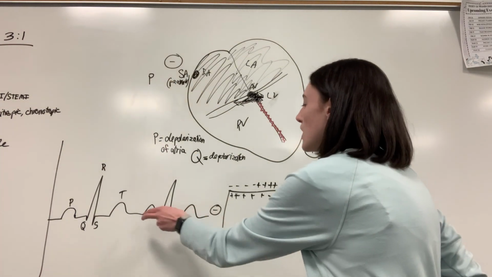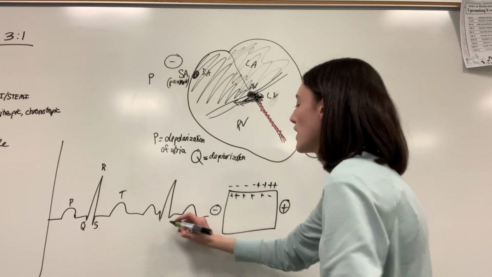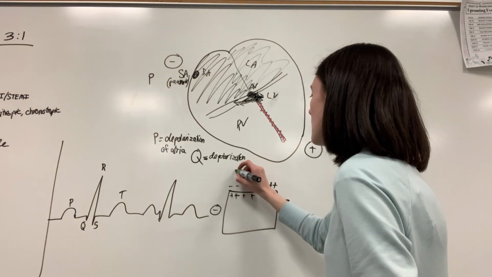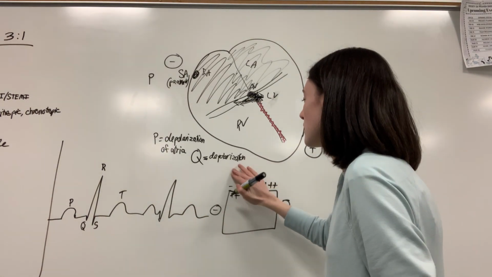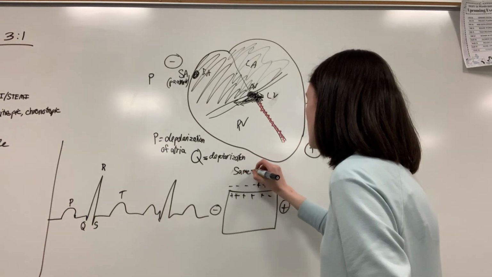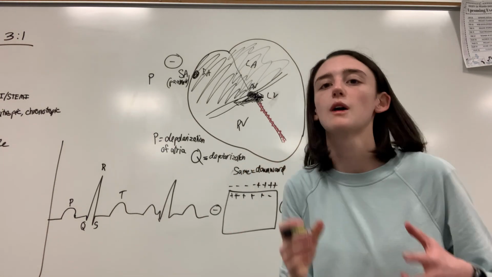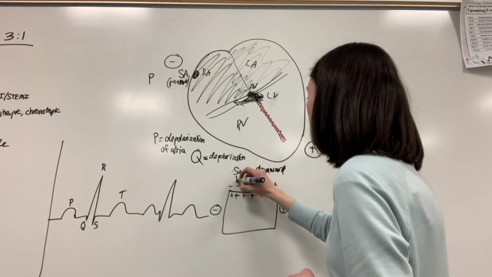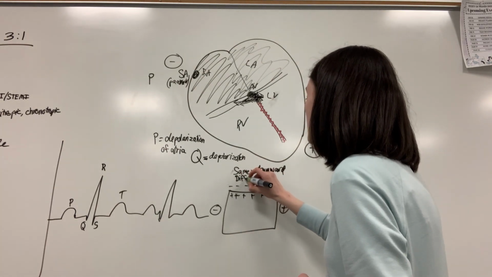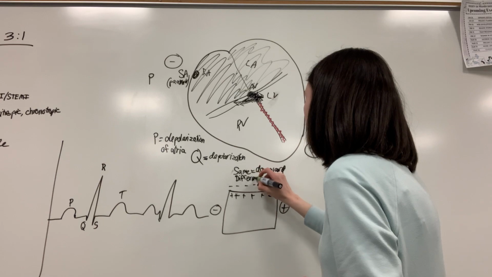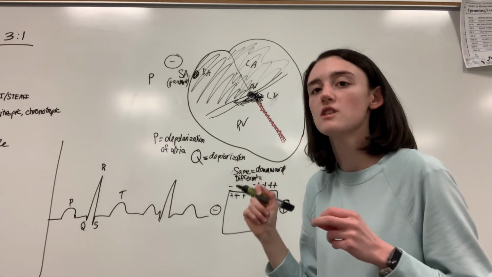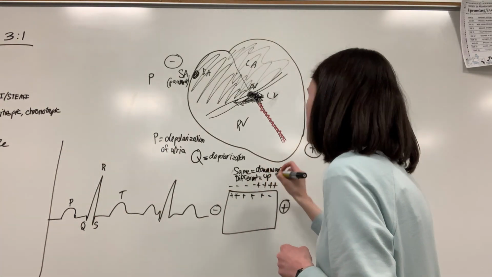And that's what's going to cause a downward wave. Anytime you go from the same charge toward the same charge, that's going to cause a downward wave. This is going to be very important to know when I explain non-STEMI and STEMI. However, whenever the vector goes towards an opposite charge, that's going to be expressed as upward.